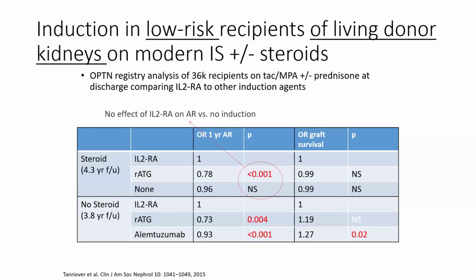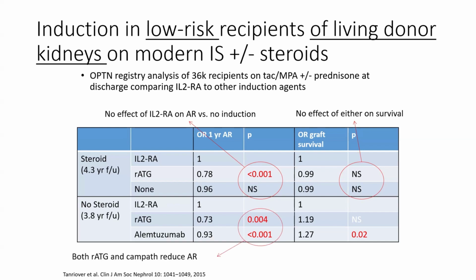Patients who were given alemtuzumab or thymoglobulin tended to have no change in survival, though they did have some effect on early rejection, even though it didn't affect the transplant of the kidney.